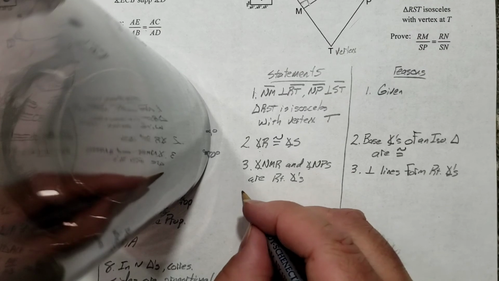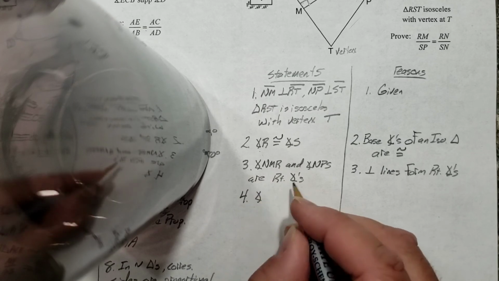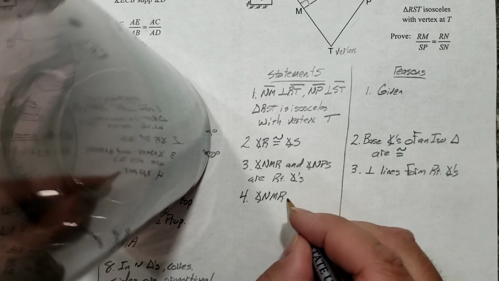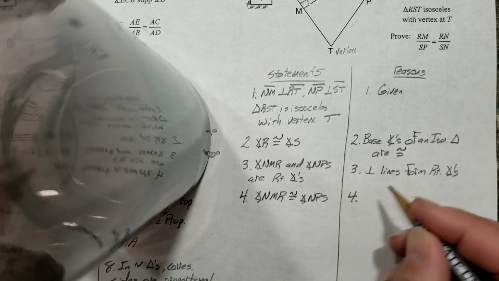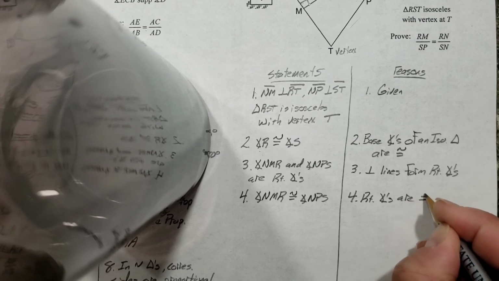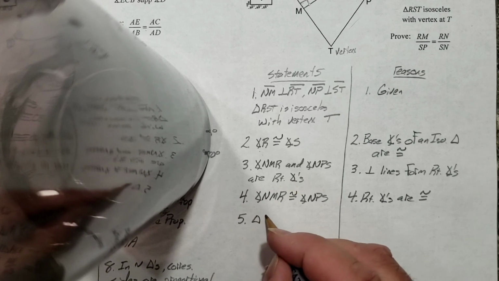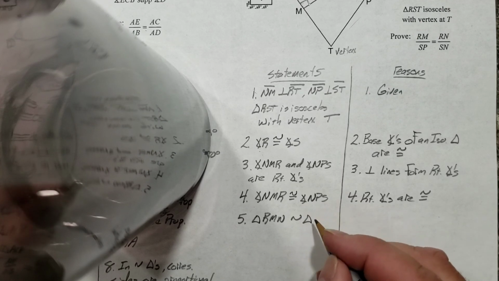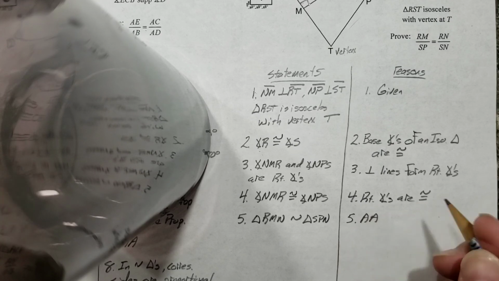All right, now we'll go on to number 4. We have that they're both right angles, so now we're going to say that they are congruent. Angle NMR is congruent to angle NPS, because right angles are congruent. And now we can say that triangle RMN is similar to triangle SPN, and that is our angle similarity.